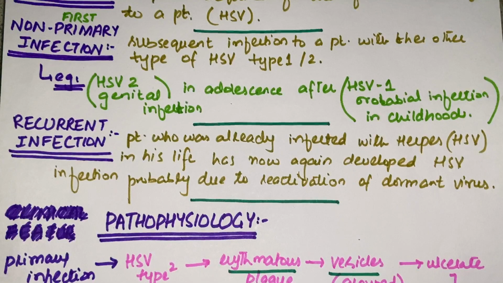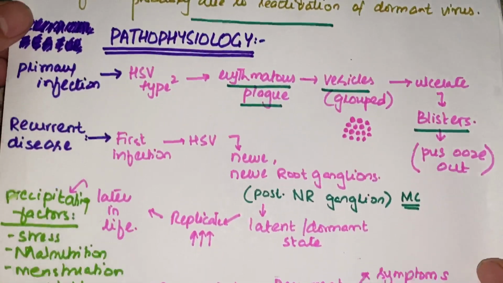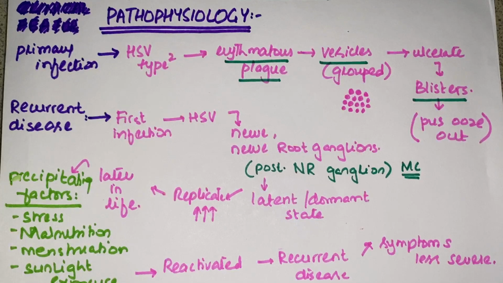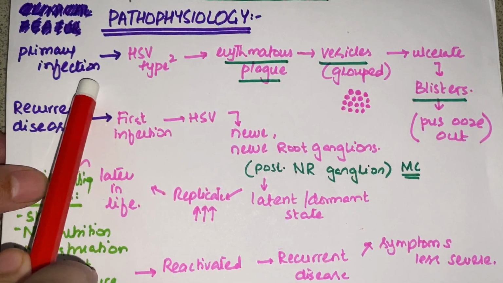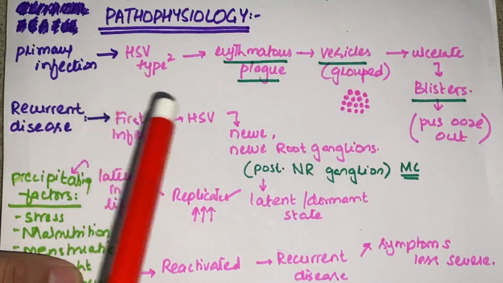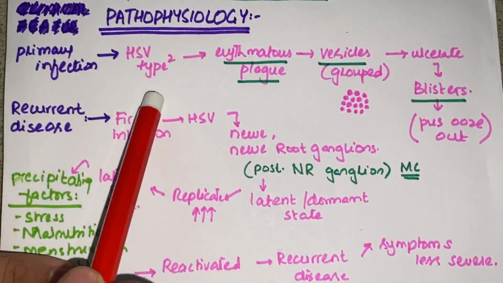Now we're going to discuss the pathophysiology of the disease, how it occurs and how its symptoms develop, starting with primary infection. We will focus on HSV type 2 virus because it causes genital herpes majorly. Suppose a patient is infected by HSV type 2.